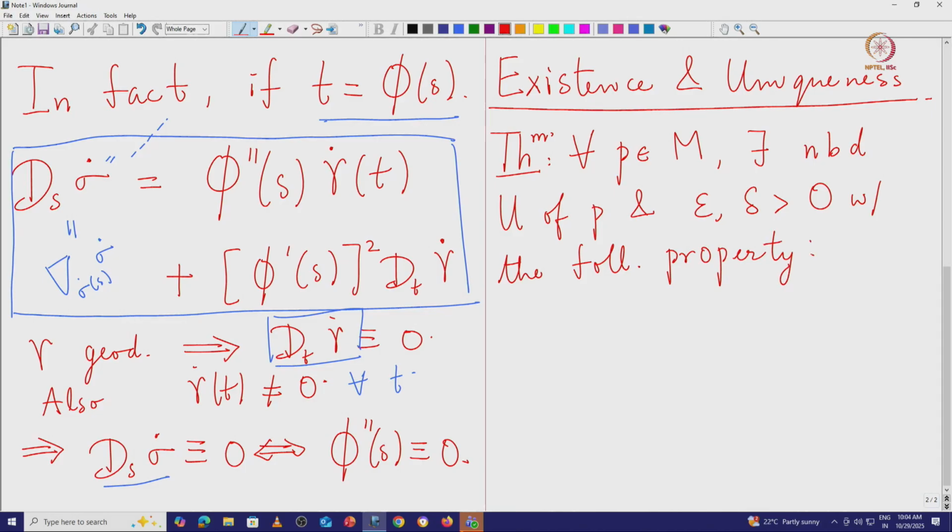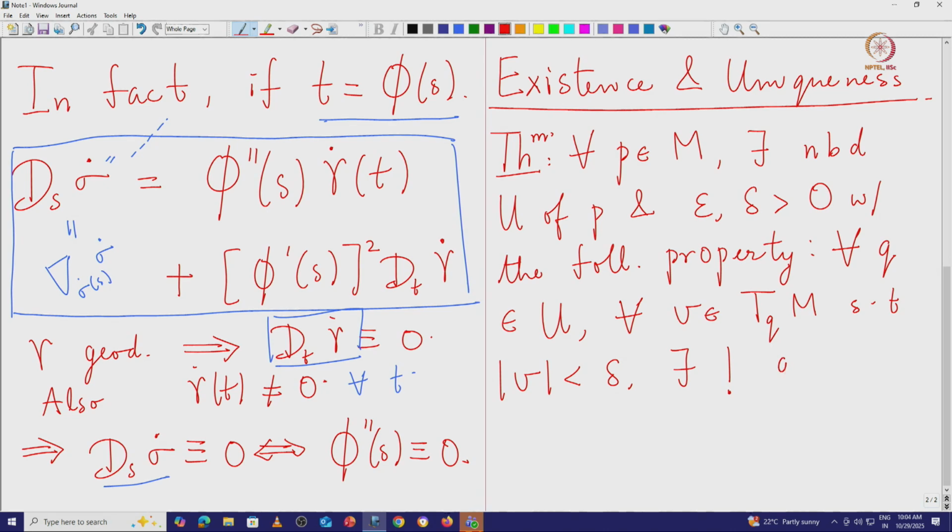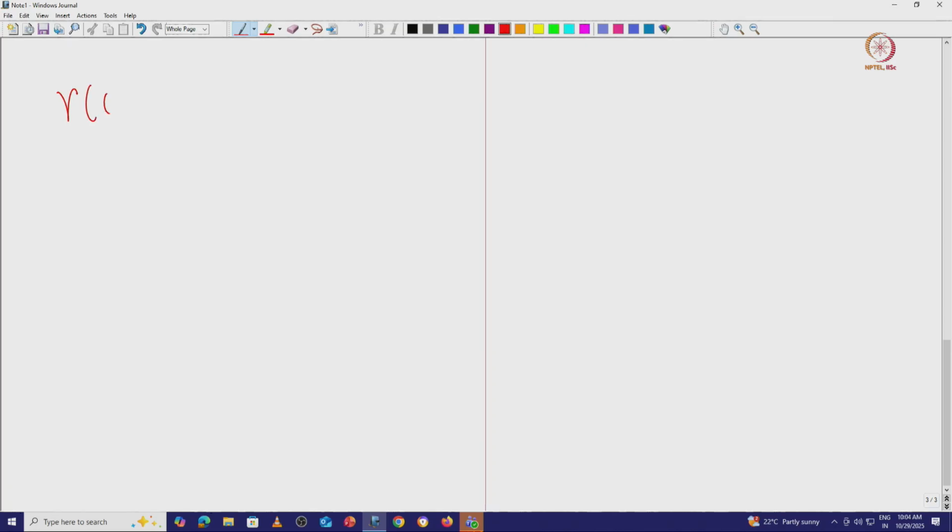For all points Q in the neighborhood U and for all tangent vectors v at Q whose norm is small, so these are short tangent vectors at Q, there exists a unique geodesic, which I will denote by gamma v, from minus epsilon to epsilon into M, such that it satisfies the following two initial conditions: gamma of 0 is Q and gamma dot of 0 is this tangent vector v.